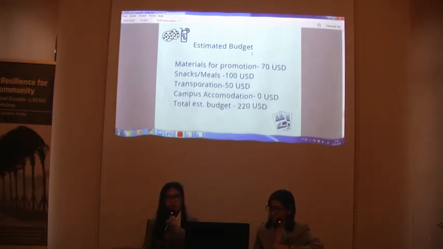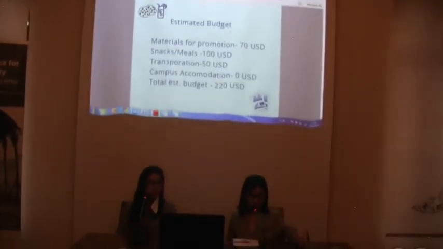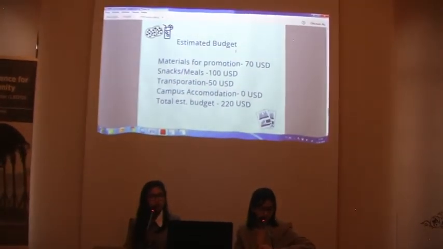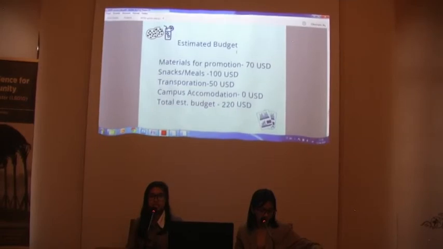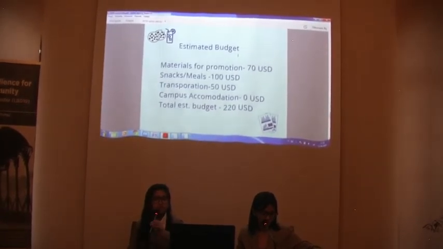We are going to ask some of our professors and the deans to help us with the budget, but this is, however, what we thought of the budget, wherein we are going to ask the school for materials for promotion, let's say the miscellaneous brochures and materials for what we use for promotion, and the snacks or meals we are going to have when we have discussions, the transportation of the counselors if we have affiliations that we ask from different parts of the Philippines, as well as the campus accommodation and the total estimated budget.